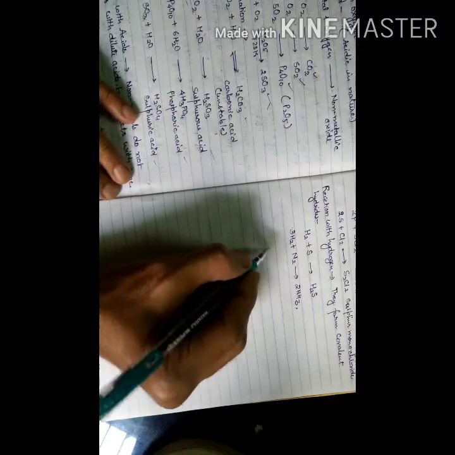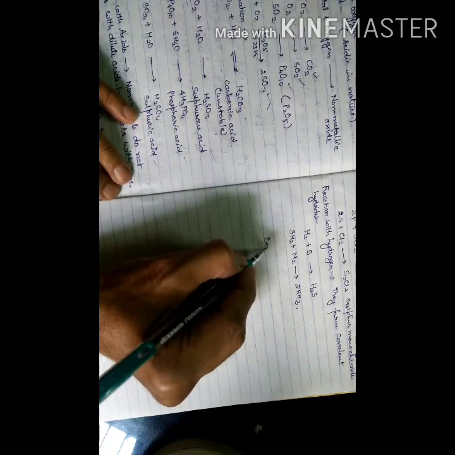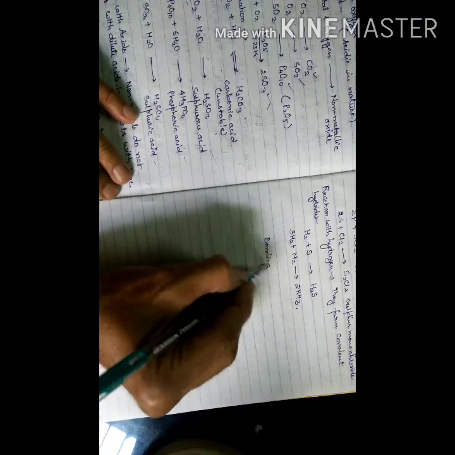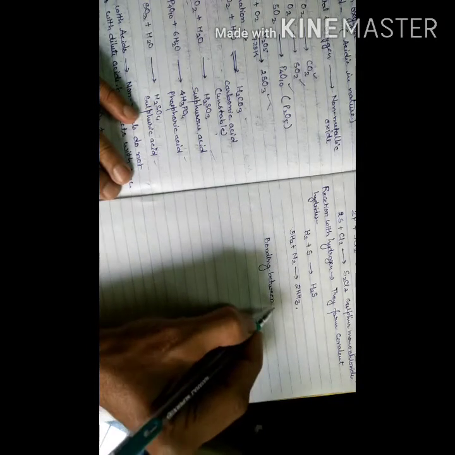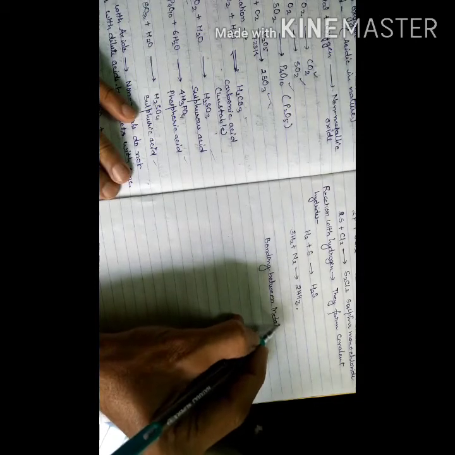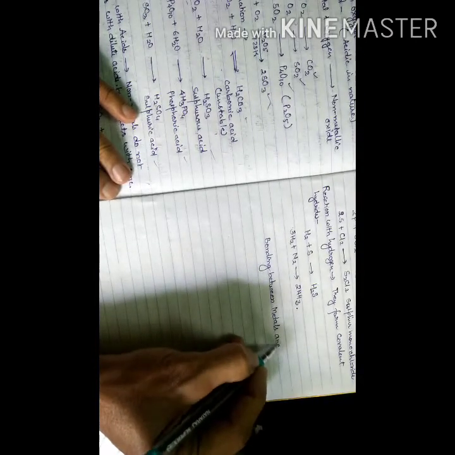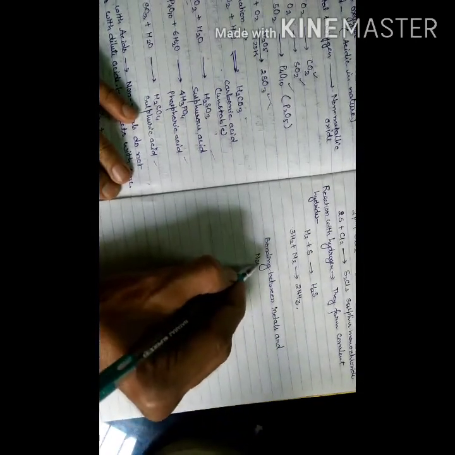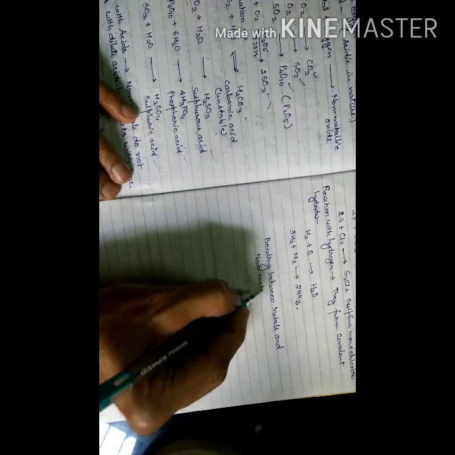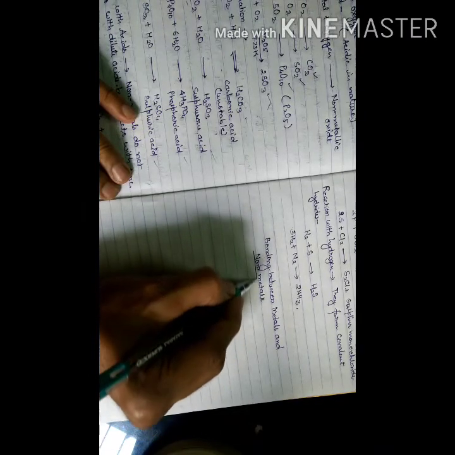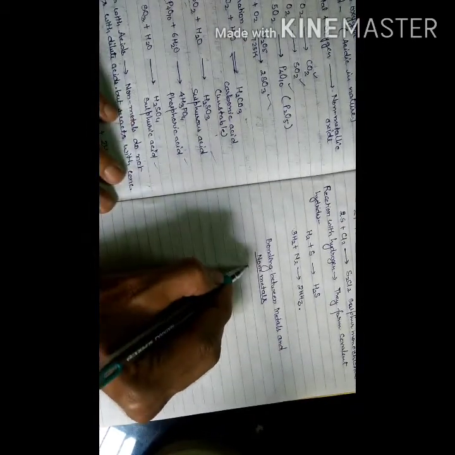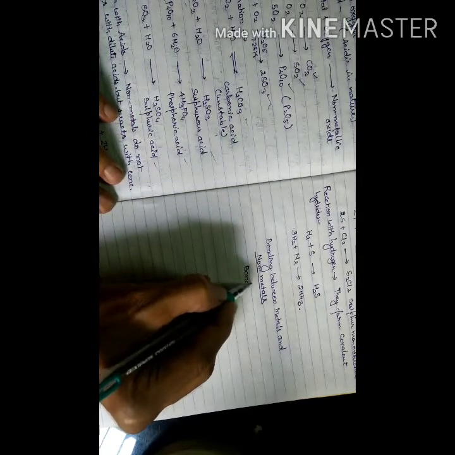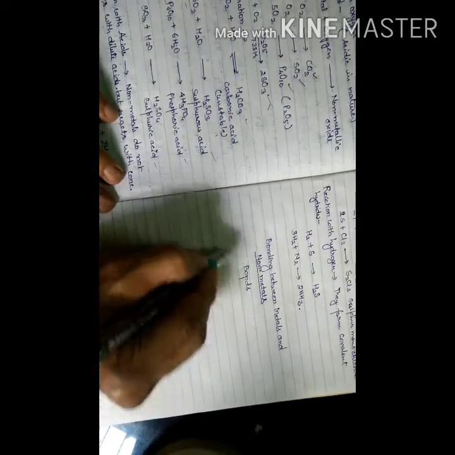Dear student, today we are going to study about the bonding between metals and non-metals. Now, broadly bonds are of two types.